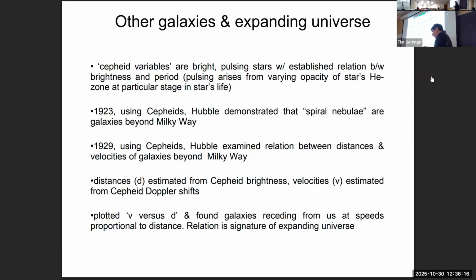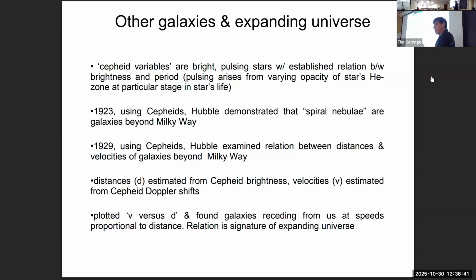So Hubble actually first demonstrated the existence of galaxies through these particular types of stars because they are known in our galaxy. Maybe there's dozens of them known in our galaxy. But he was also looking at spiral nebulae, trying to understand what they were.